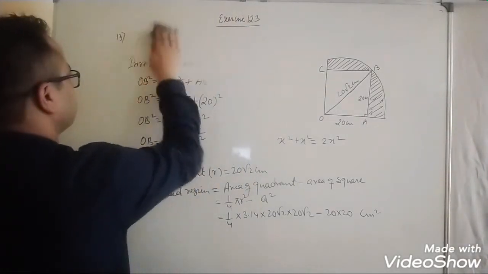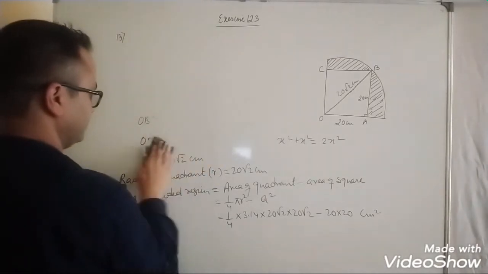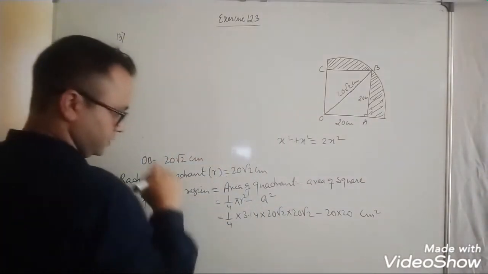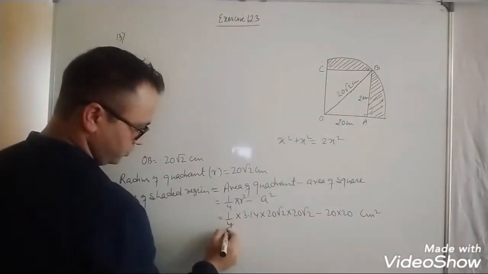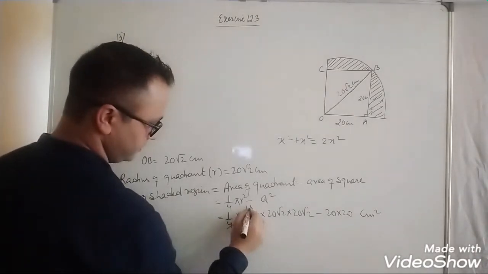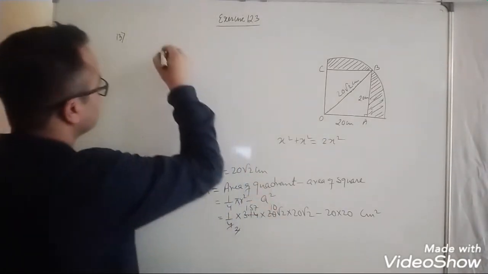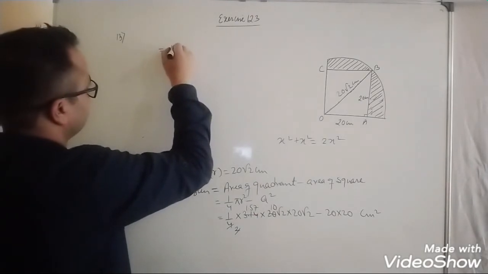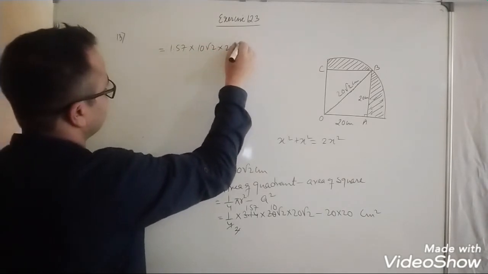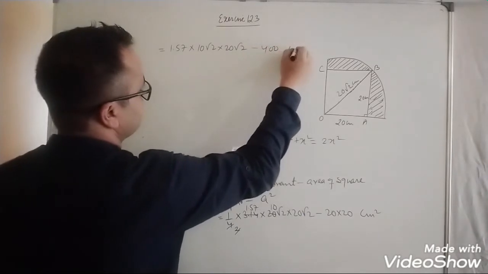Now simplify it. 1/4 into 3.14 gives 1.57. So 1.57 into 20 root 2 into 20 root 2 minus 400 centimeter square.